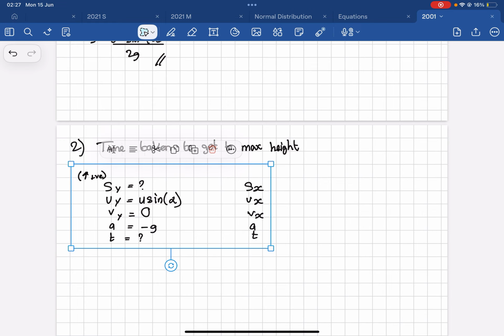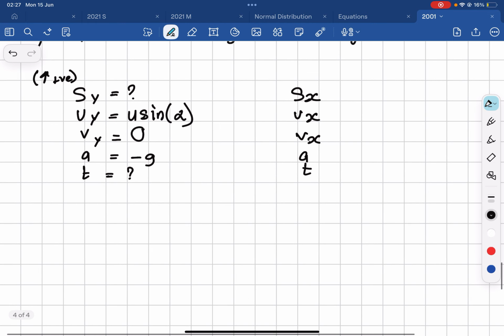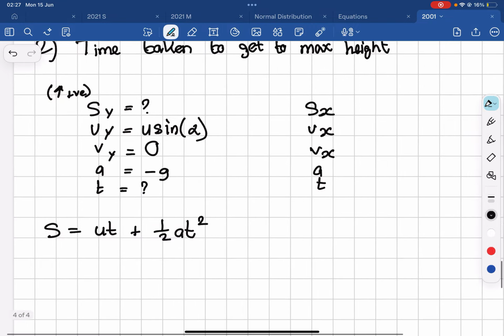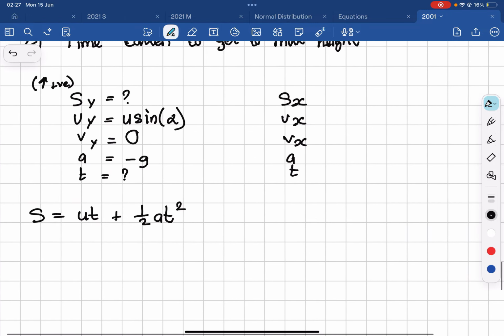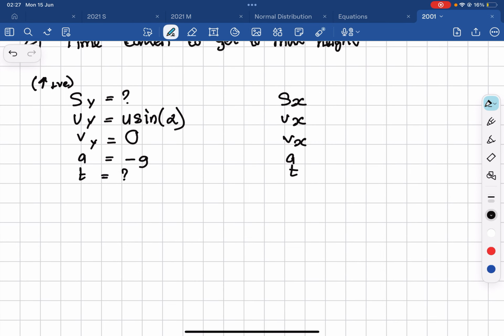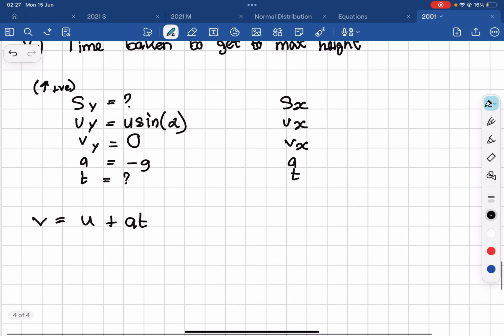Now we're working with an equation in terms of t. We could use s equals ut plus a half at squared, but since we don't know s, we can use v equals u plus at.